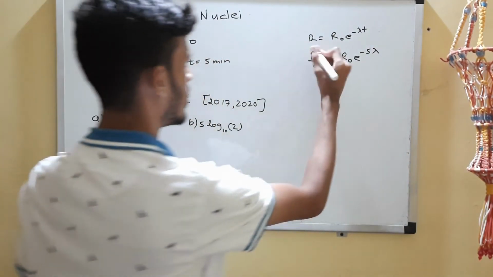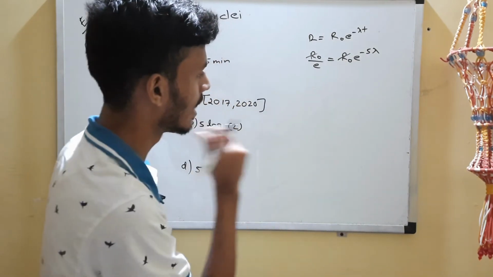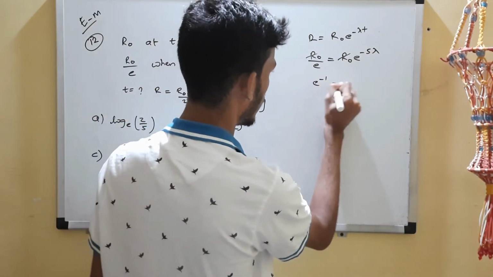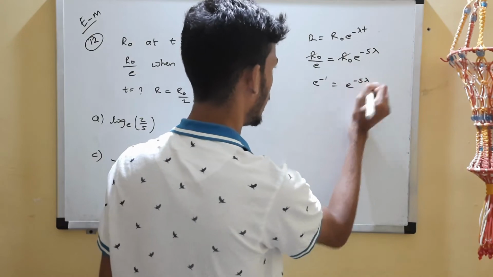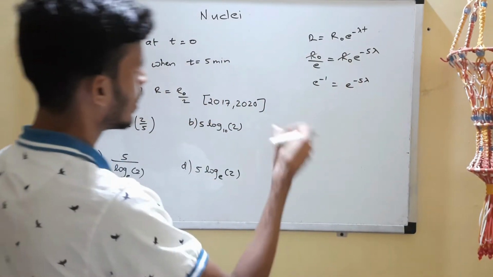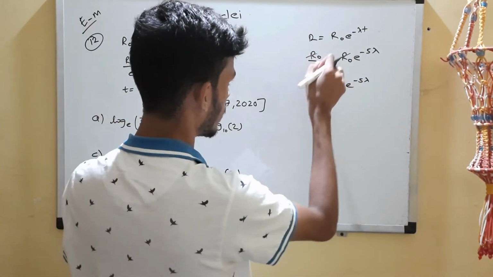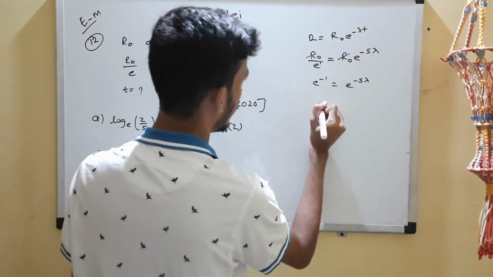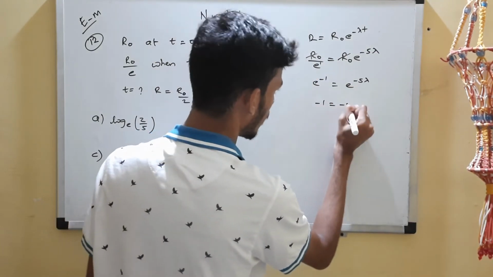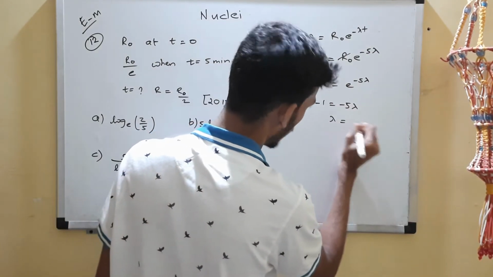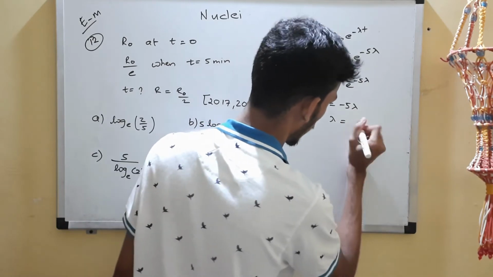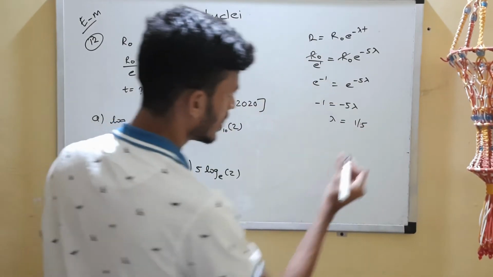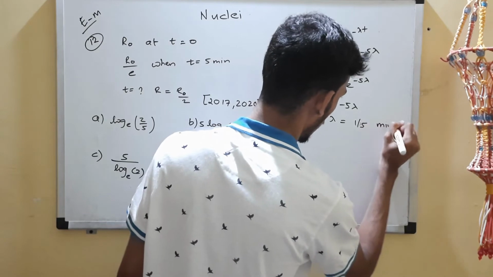Now r0 and r0 will get cancelled. e to the power minus 1 equals e to the power minus 5 lambda. So minus 1 equals minus 5 lambda, or lambda equals 1 by 5. The unit is per minute, minute raised to minus 1.